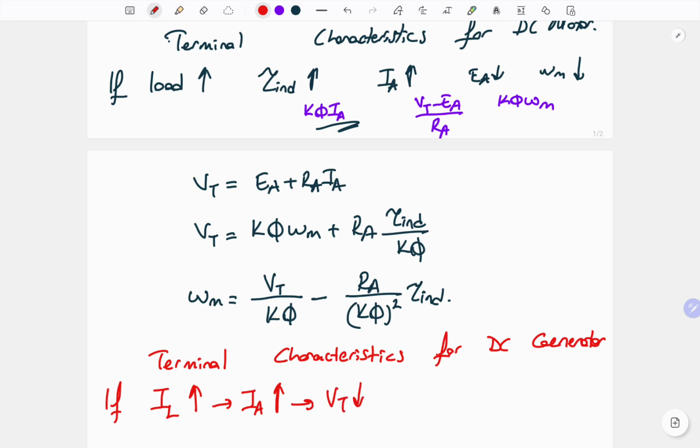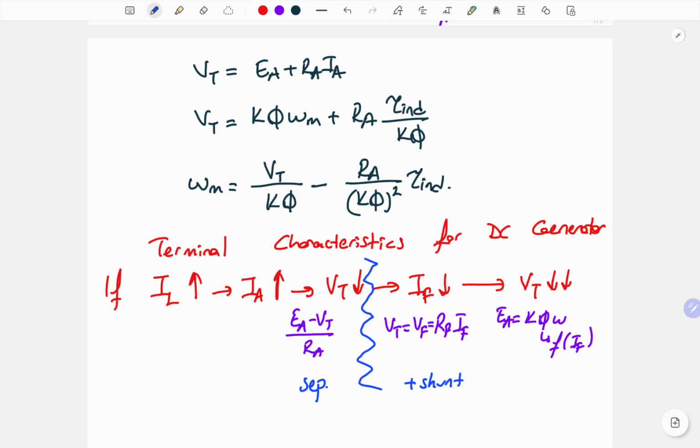Vt will decrease during that operation in the system. Then what will happen? IF must decrease when we examine the current and the voltage relation. Then after that, because of the decrement in IF, Vt will decrease more for the shunt excited version.